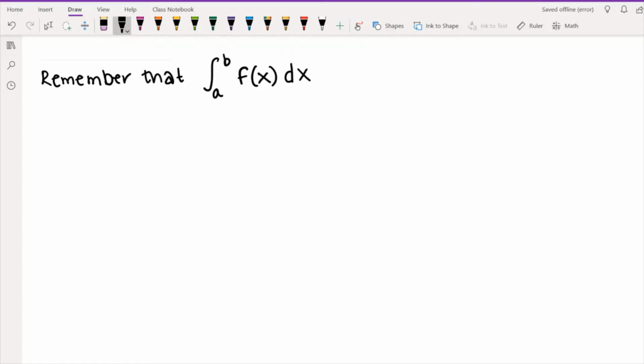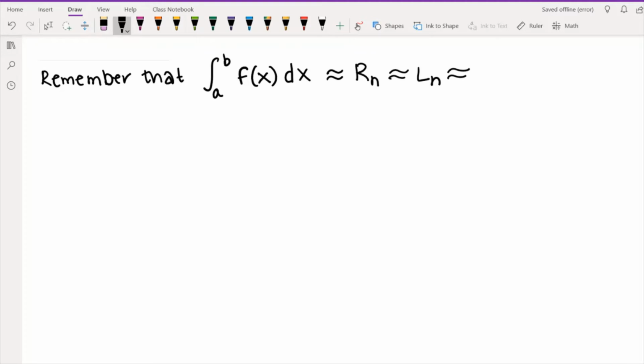We'll see next week how we can exactly calculate these areas, but for now we were just approximating them. And the way we were approximating them was with three different types of sums. One was taking all of these rectangles using right endpoints and adding them up. Another was doing the same thing but using left endpoints.